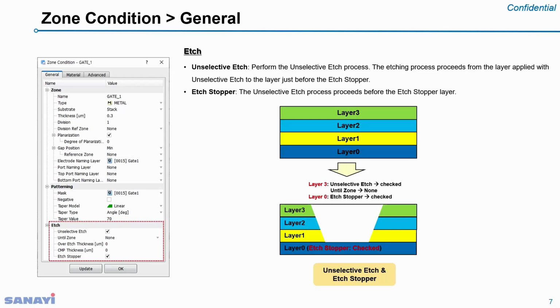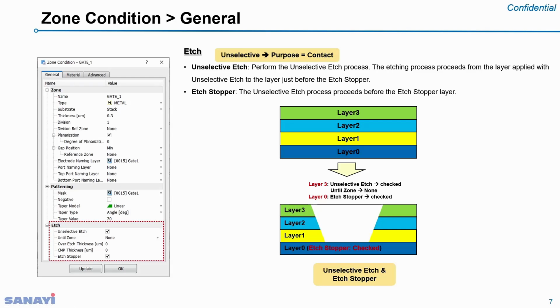There are several notes for using these two functions. Electrical connection between layers is very important in RC calculation. Therefore, the purpose of the layer to be used for unselective etch should always be set to contacts.